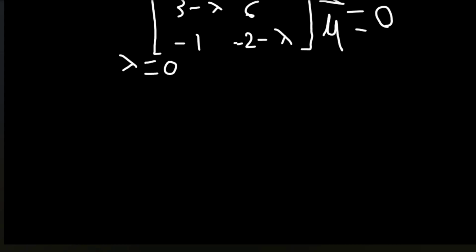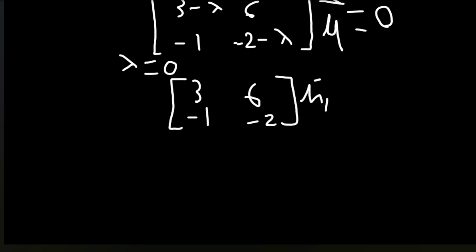And we'll call this eigenvector 1. So when we do this, we're going to end up with 3, 6, negative 1, negative 2 times mu 1 is equal to 0. From here, you can see that the top and the bottom are very closely related. I'm going to do simple row operations.